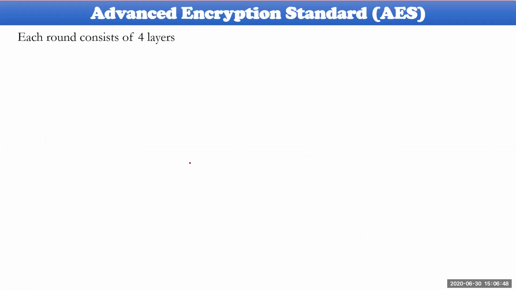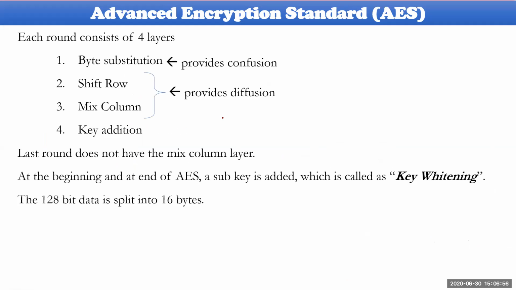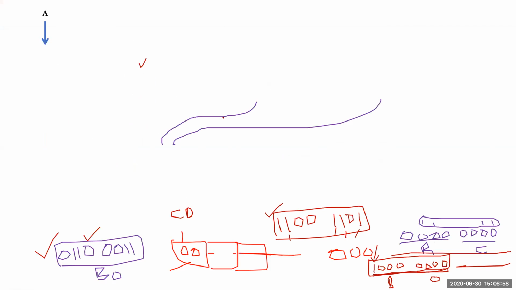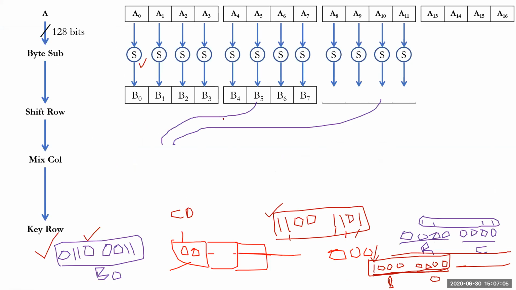The 4 layers are byte substitution, shift rows, mix columns, and key addition. All these points have been discussed in the previous class.